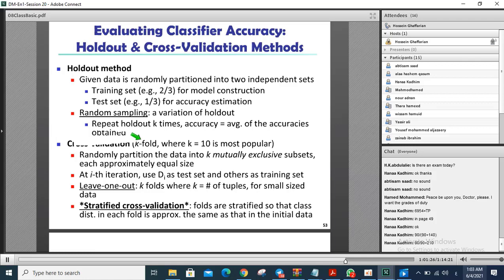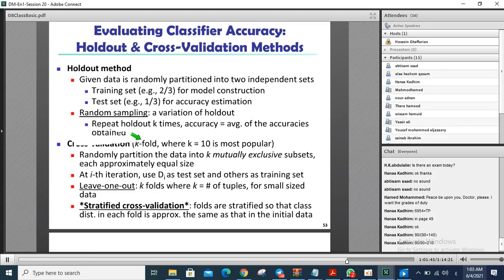In iteration i, I'm selecting the i-th partition as the test set, and the rest of the partitions are selected as the train set.